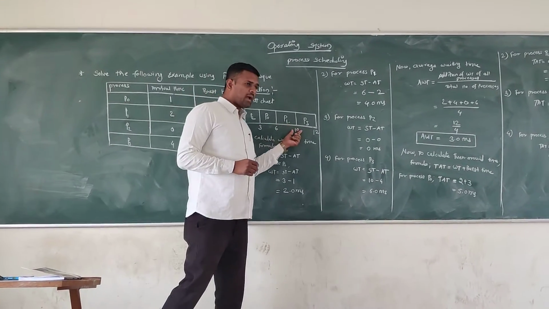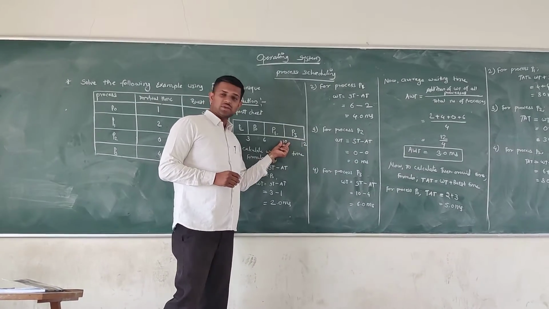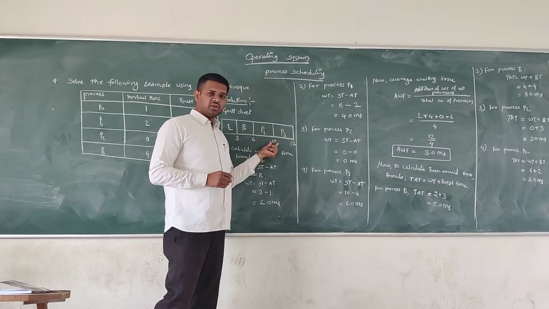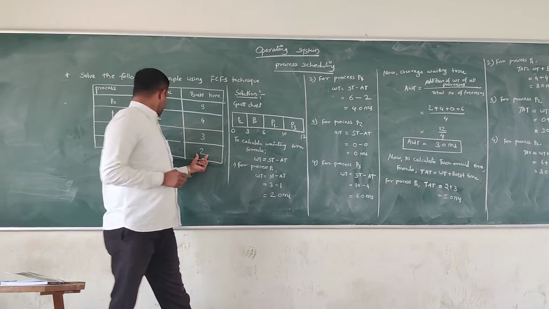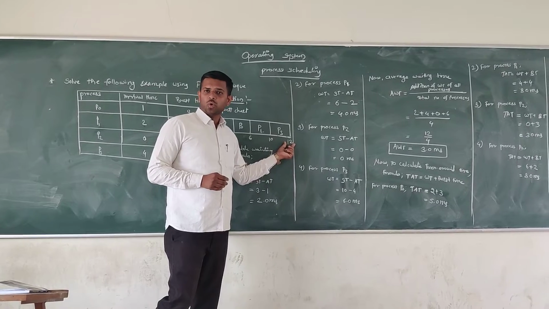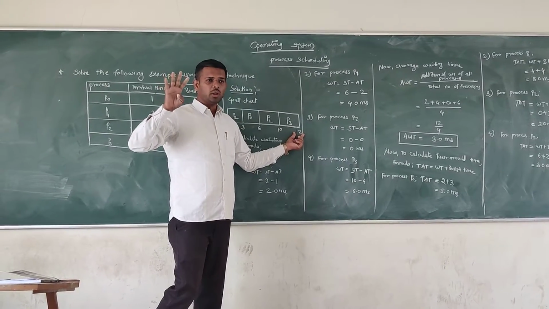We add 2 more milliseconds to the finish time of P1, 10 plus 2, which is the burst time of process P3, and the CPU ends on 12 milliseconds to complete the execution of the given 4 processes.